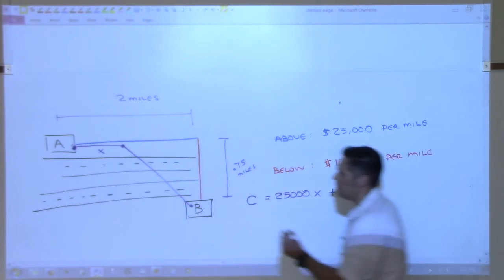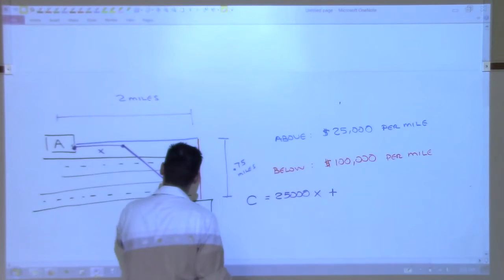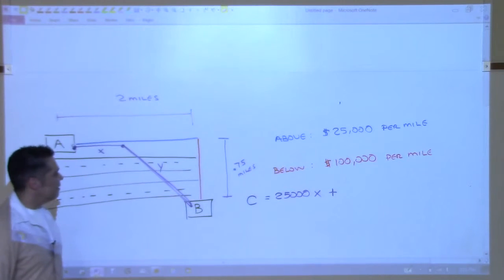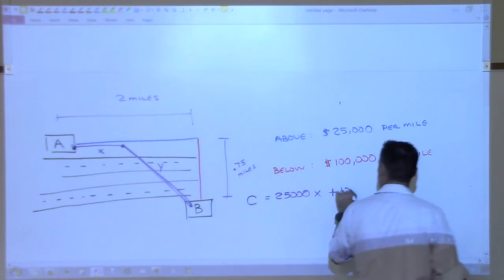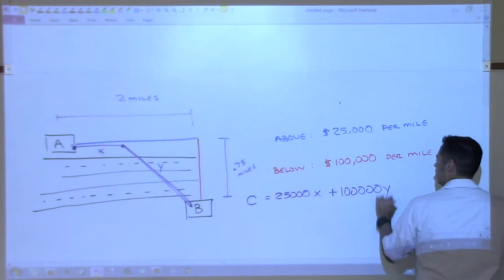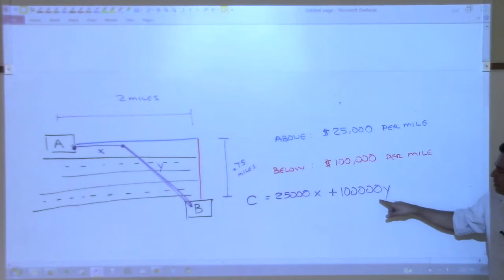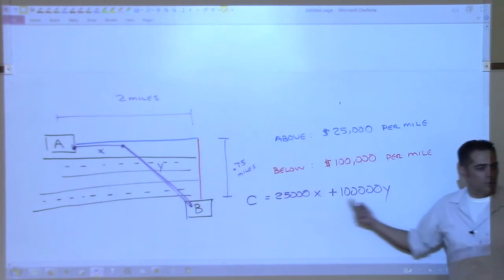That's going to be this distance right here, which we can call Y. So 100,000 times Y. Y'all still following me? I said I was just going to show you, but now it looks like we're doing it. Okay, so now this cost function depends on 2 variables.